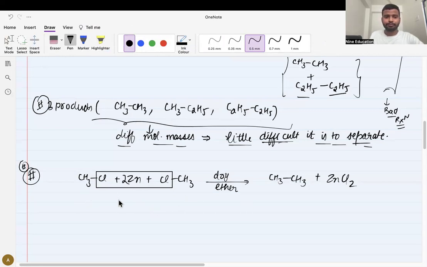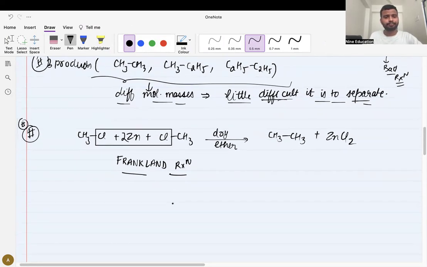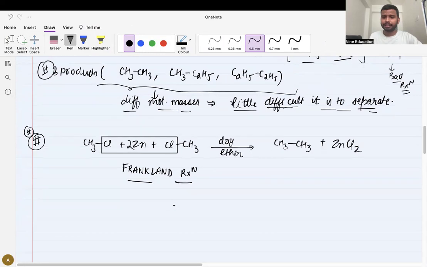And this is known as Frankland's reaction. In place of sodium, if you use zinc, that is known as Frankland. If sodium in dry ether is used, it is Wurtz reaction. याद करना है, लिख लें इसको.